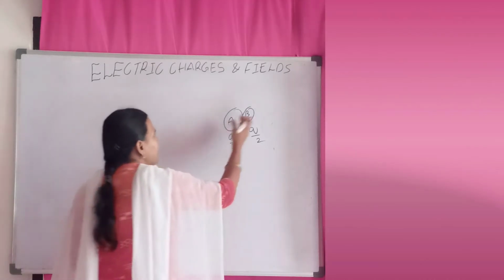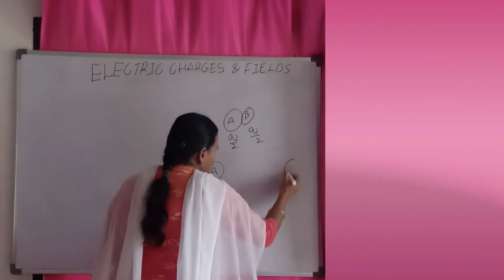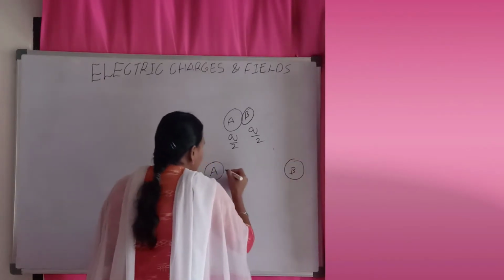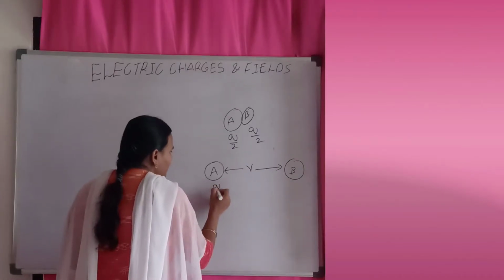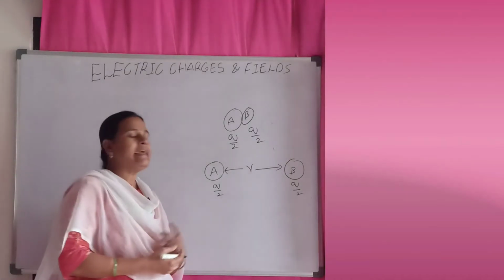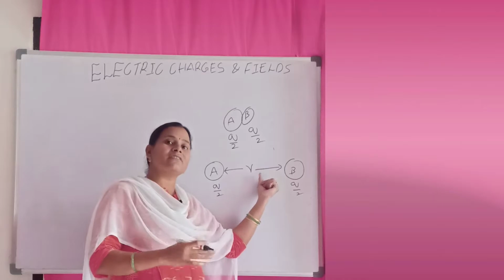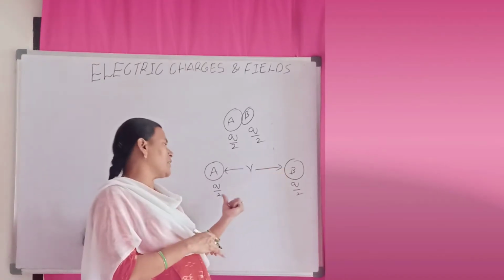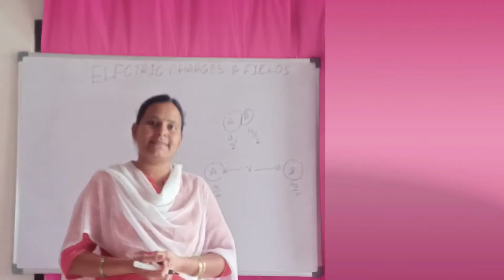Now he separated the two spheres by some distance R. Here Q by 2, and here also Q by 2, separated by a distance very large compared to the size of the spheres, and he observed what the force is.